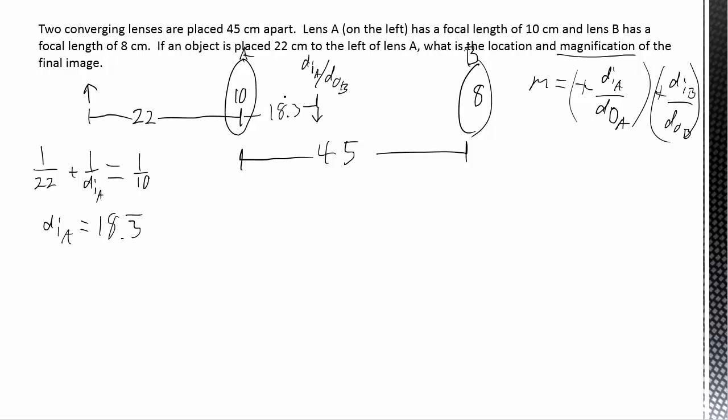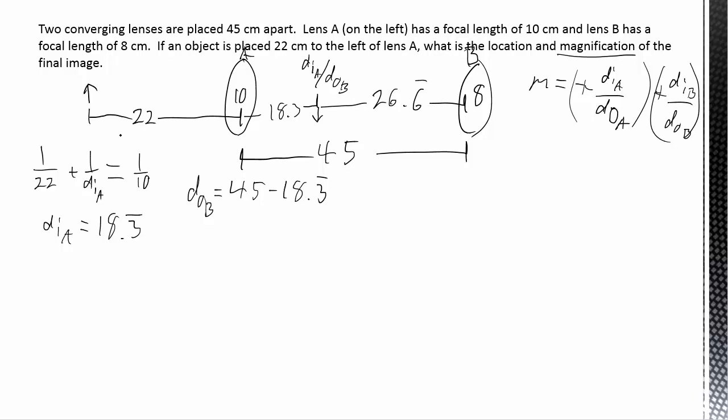The image from the first one becomes the object for the second. So I just have to take 45 minus 18.3 repeating, and that's going to give me the object distance from B, and that works out to be 26 and 2/3, 26.6 repeating, is this distance here.